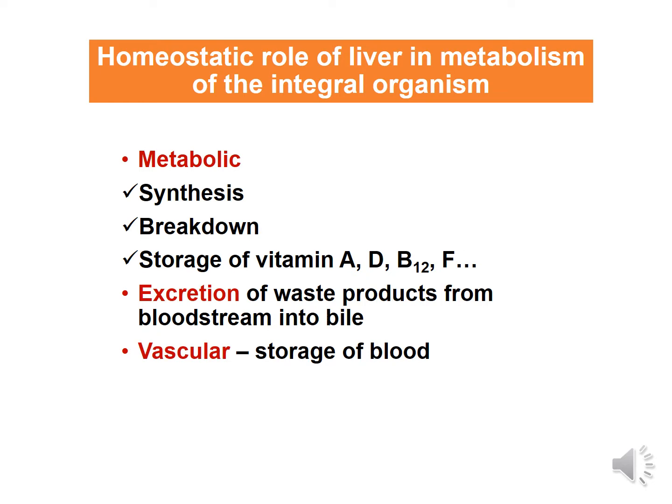It is metabolic: synthesis and breakdown of some metabolites, storage of some vitamins like A, D, B12, excretion of waste products from the bloodstream into bile, and storage of blood, the vascular function of the liver in the integral organism.